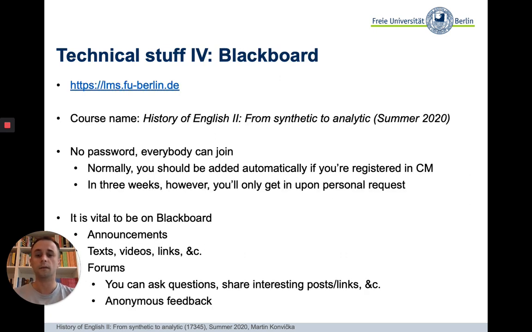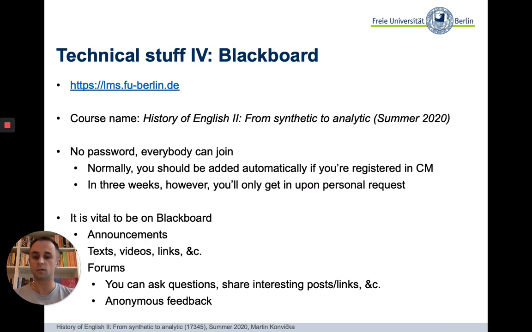Right. Another thing is Blackboard. Blackboard is something that you're probably already familiar with, but it's nevertheless important to remind you that you have to be enrolled in Blackboard in order to participate in this course. You'll find our folder with the course name History of English 2 from Synthetic to Analytic, Summer 2020.